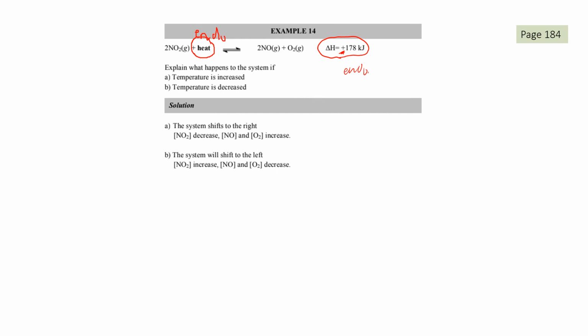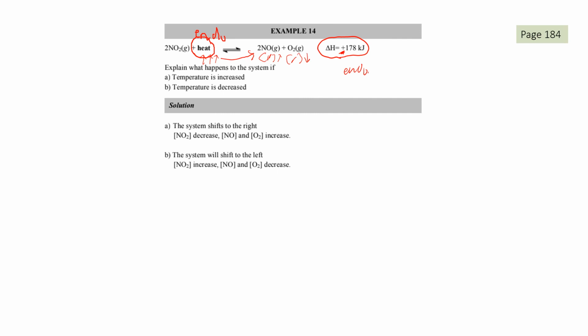So, bila temperature awak increase, maksudnya heat concentration awak increase, system akan try to reduce the added heat dengan shift from left to right. So, awak akan observe kat sini, the concentration of the product akan increase, concentration of the reactant will be decreased. Dan yang ni pula, temperature is decreased.